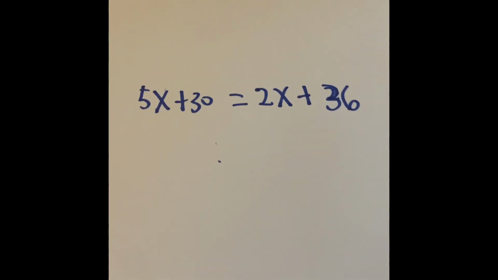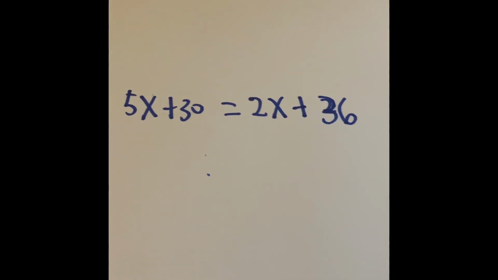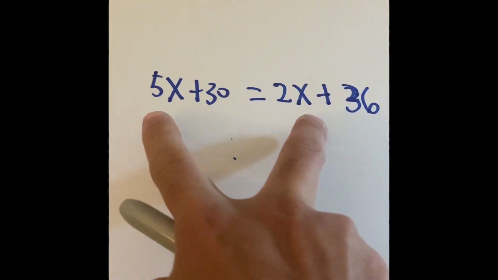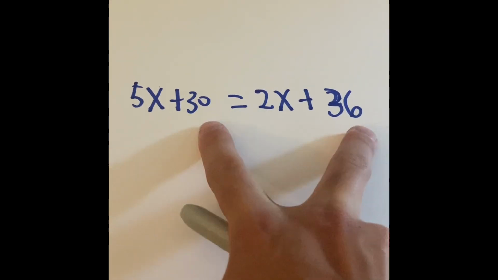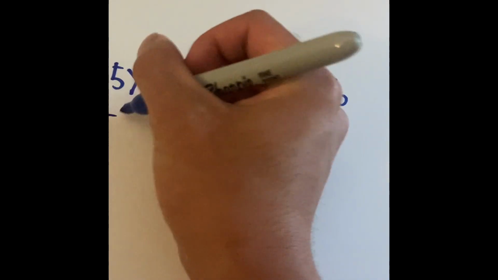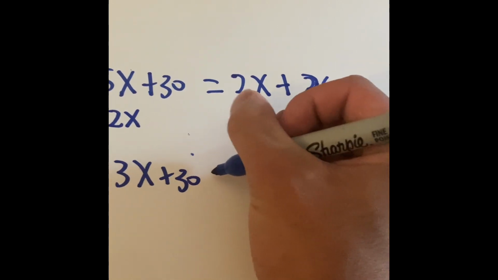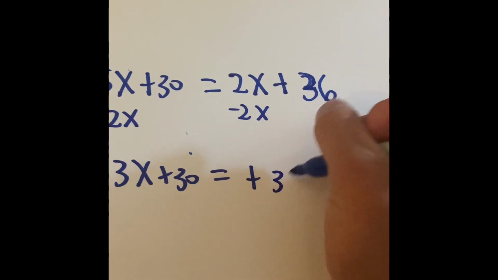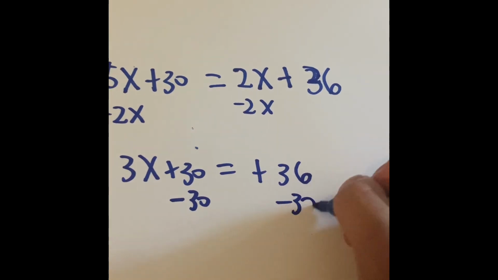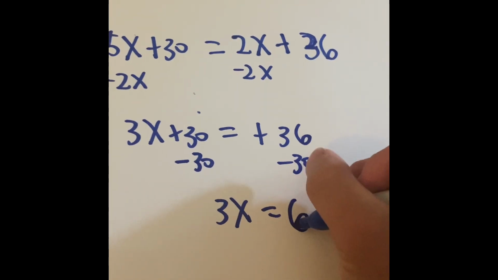Just like the last time, we have to work backwards to get x alone, to get to an unknown value. So we have to merge the two x's and merge the two constants. So why don't we subtract 2x from both sides, and we get 3x plus 30 equals 36. Subtract 30 to get x alone, and 3x is going to equal 6.